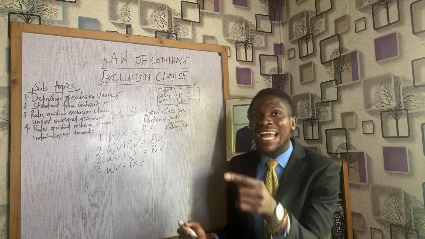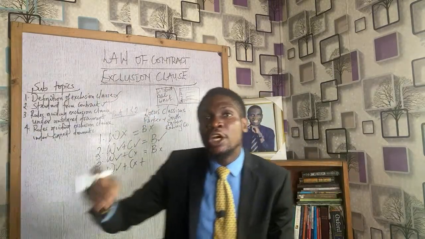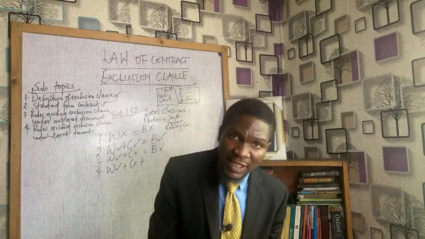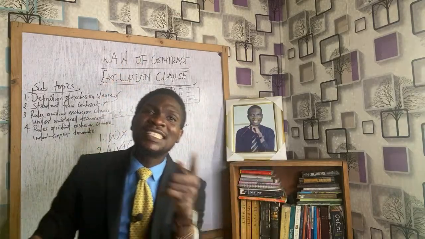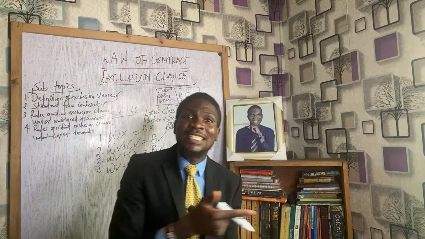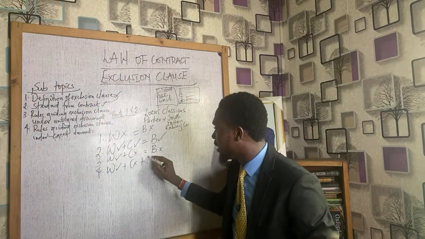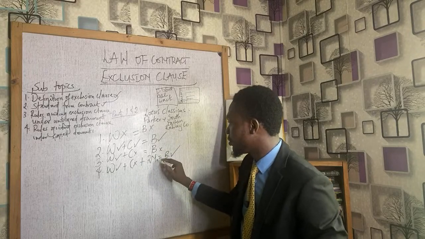But the owner did everything reasonably necessary to let him know that there are conditions. Whether or not he read the conditions, the moment the other party has done what is reasonably necessary to let him know that there are conditions on that ticket, that is when he will be bound. So reasonably necessary, then bound.